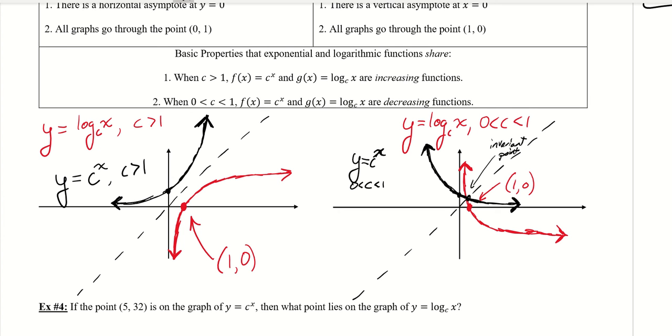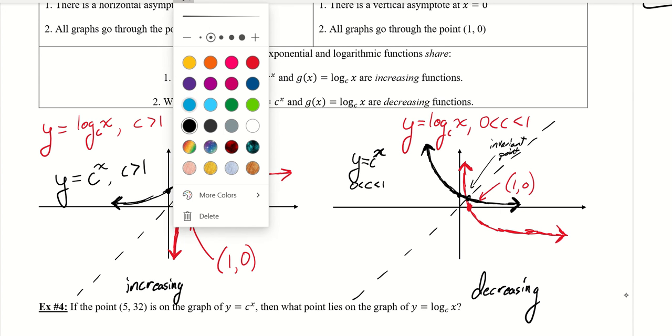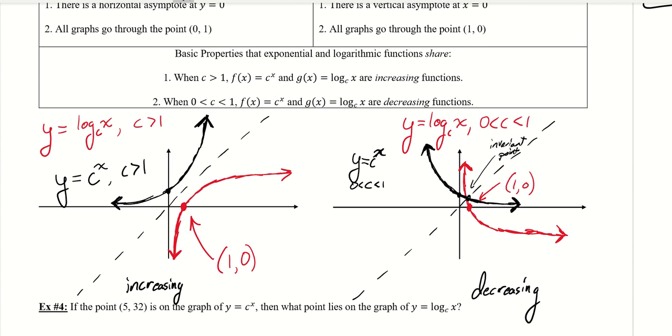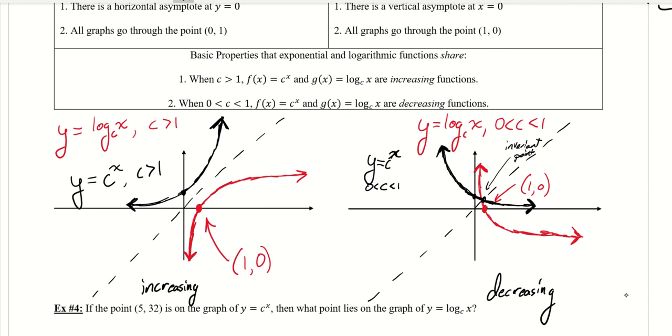And here are our first logarithmic curves. We have an increasing curve on the left and a decreasing curve on the right. And another thing to notice is that for our exponential function in black, we have this horizontal asymptote, but for this red function, we have a vertical asymptote at x equals 0.